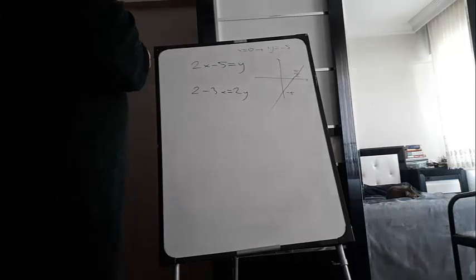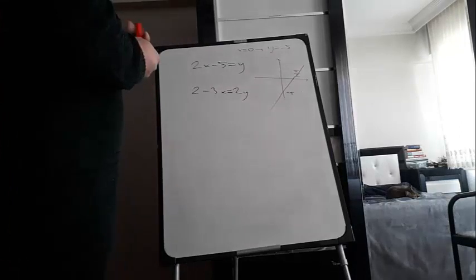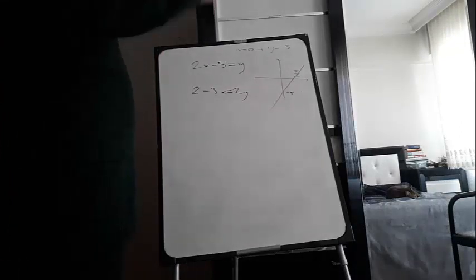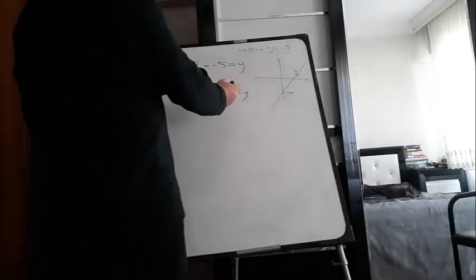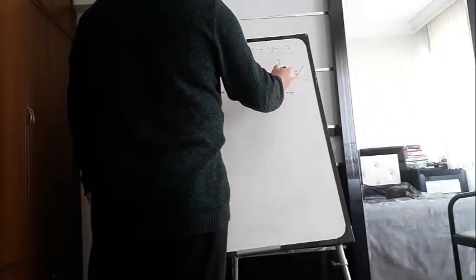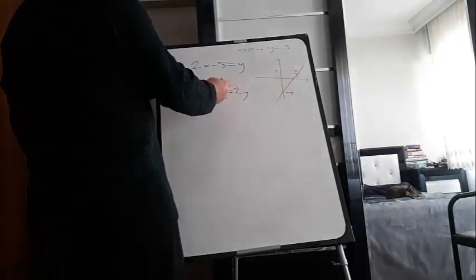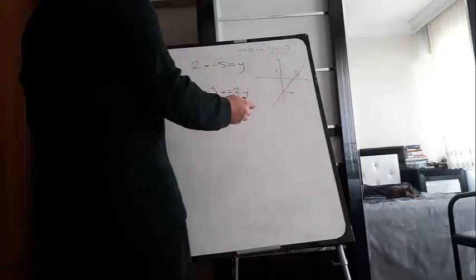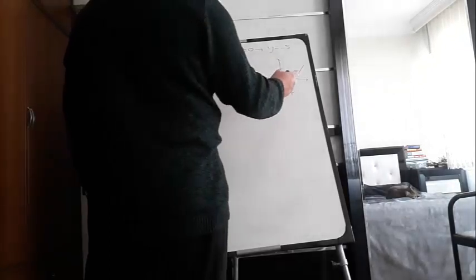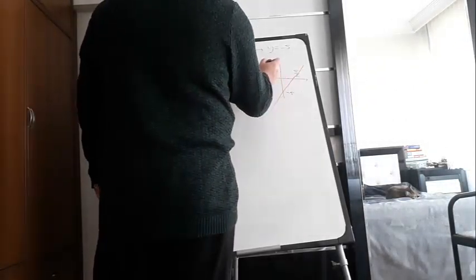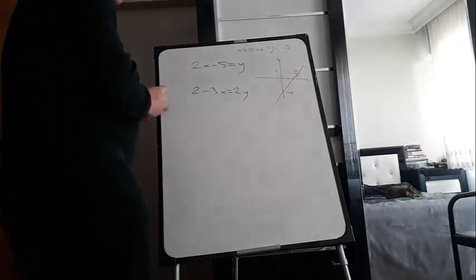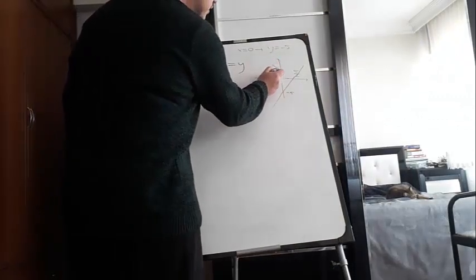Now let's calculate the other one. Let's sketch the other one. We give x 0 and y becomes 1. And we give y 0, and x becomes 2 over 3 here. And this is the other line, crossing these 2 points.